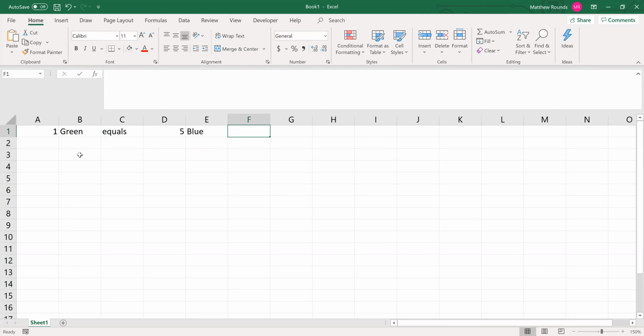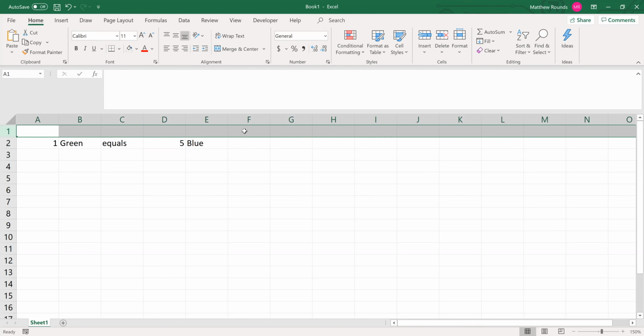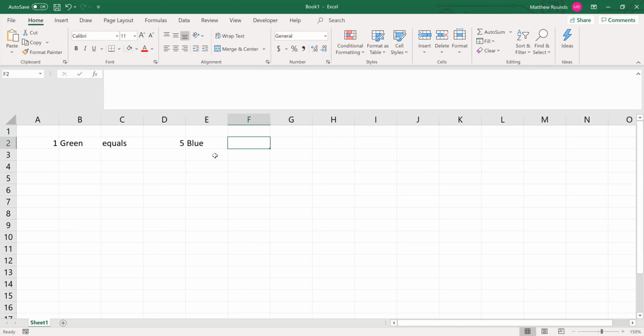And how many do you have? What's the current status here? So currently you have 1 blue. So this is current, this is amount, and this is color, and then this will be the new.